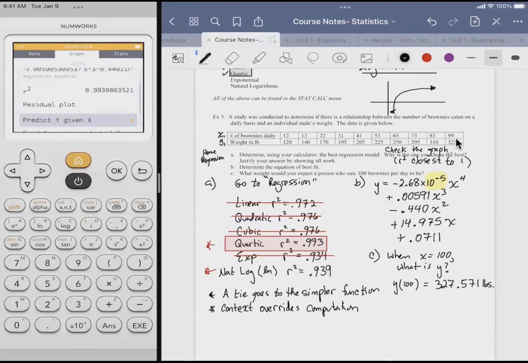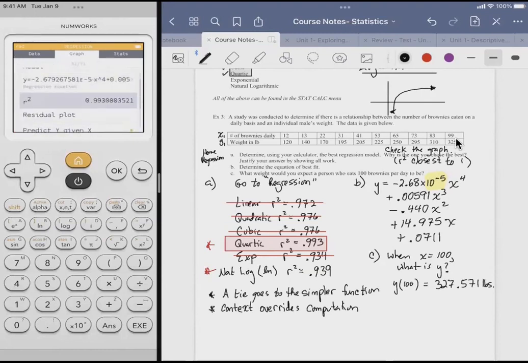If you go into the regression menu and hit enter, and you want precision but you want the calculator to do it for you, then you go down. We're in the quartic model right here, this messy equation. This is my R squared.